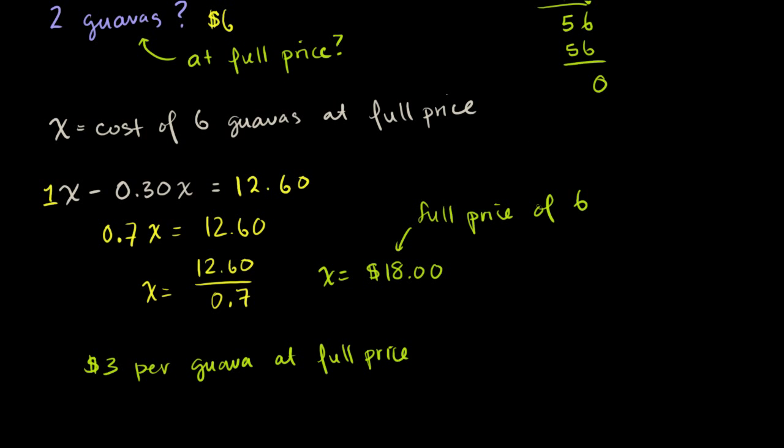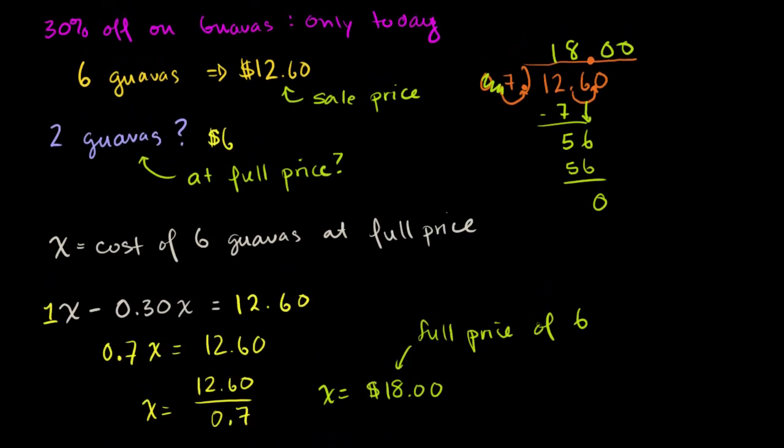So just to give a quick review of what we did. We said the sale price on 6 guavas is $12.60. That's 30% off the full price, or you could say this is 70% of the full price. So if x is the full price of 6 guavas, the full price of 6 guavas minus 30% of the full price of 6 guavas is equal to $12.60.